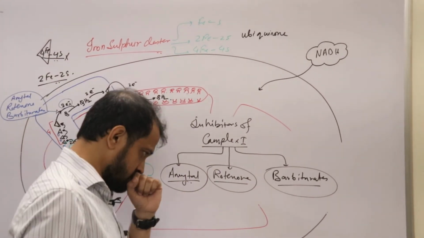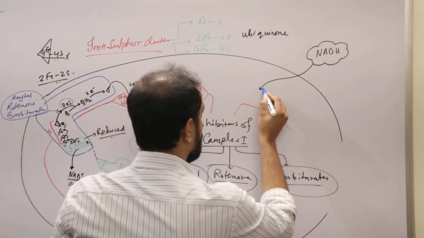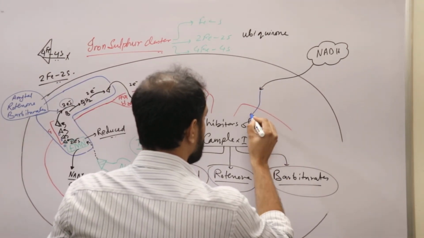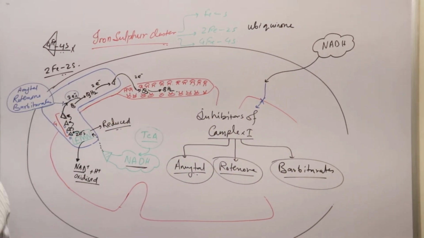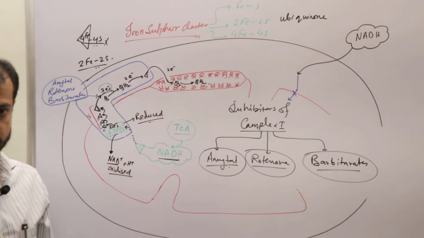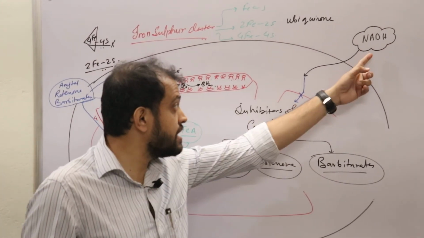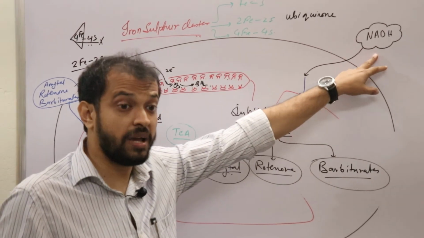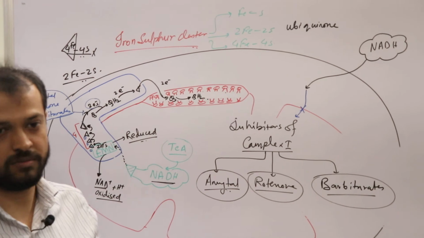That means this NADH will not be allowed to cross the second membrane, the inner mitochondrial membrane. That's the biggest problem right now.